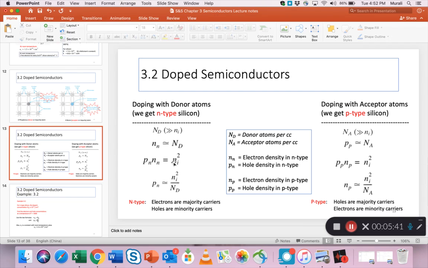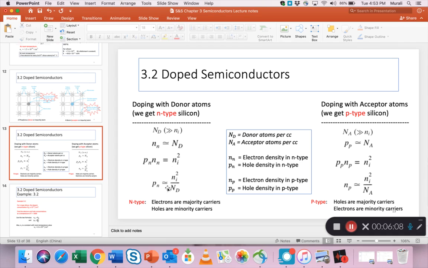Once you know the new doping level for the majority carrier, so if it's electrons and we have n-type material that has been created because of donor atoms, then we know what the new density is for the electrons. But we still may be interested in knowing what the minority carrier density is, that is, what hole density exists.